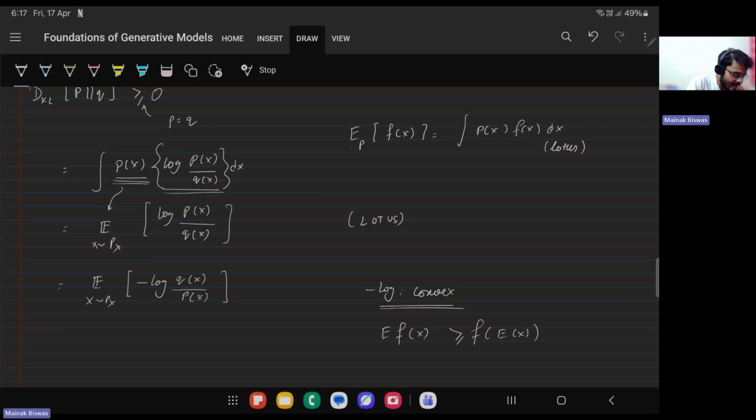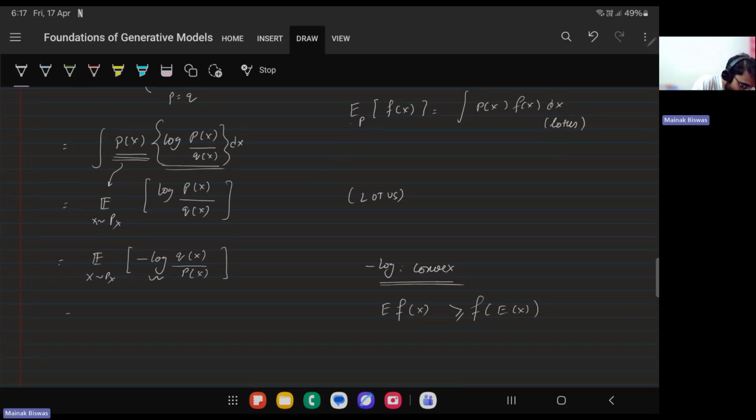It's like taking the negative log outside and taking the expectation inside. The function here is negative log, and the argument is q by p.